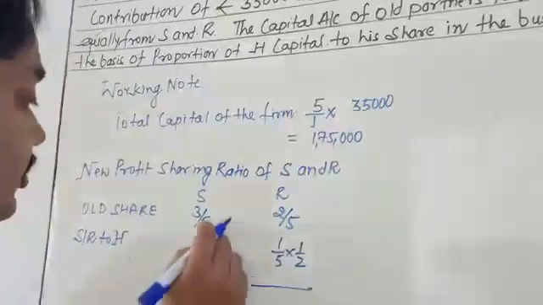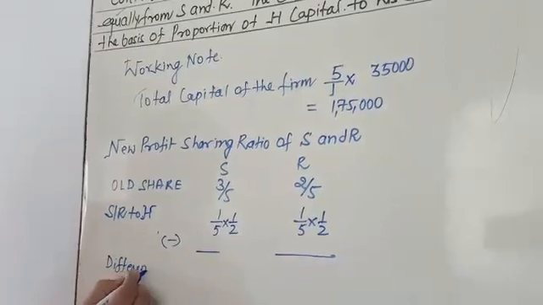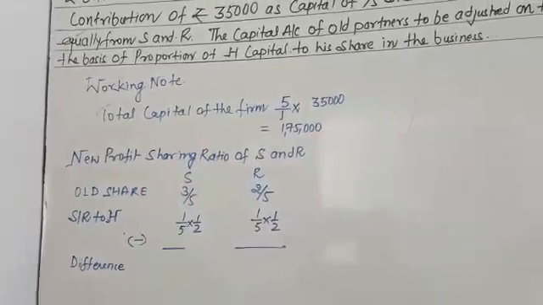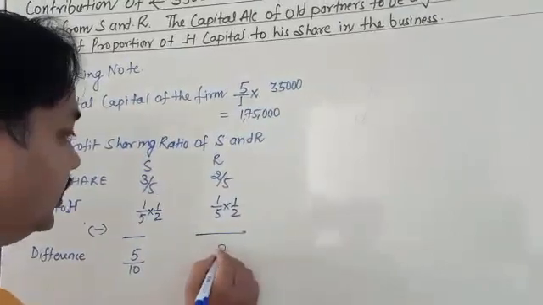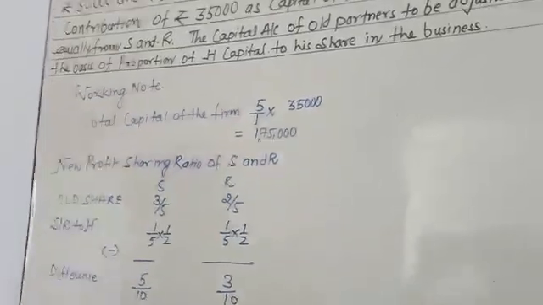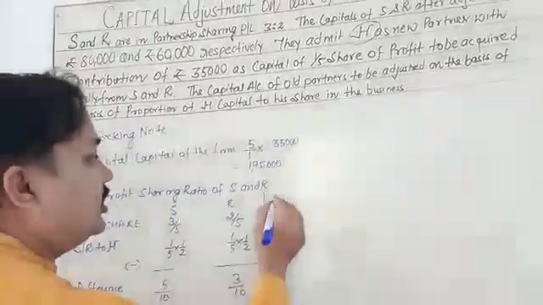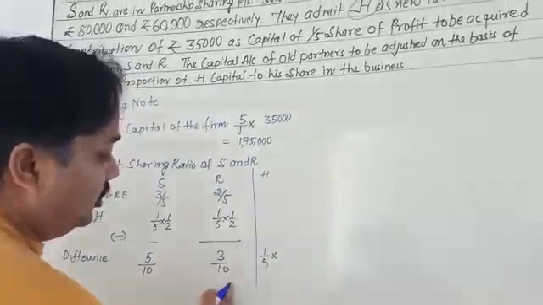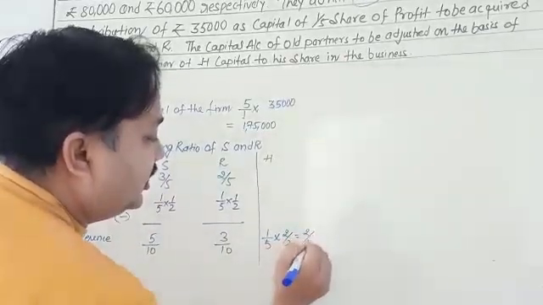When you deduct this from here, the difference, you get the new profit sharing ratio of S and R. So 5/10 and 3/10 after deducting, and H's share is already 1/5. So you have to make the denominator equal, multiply by 2/2, that is 2/10.